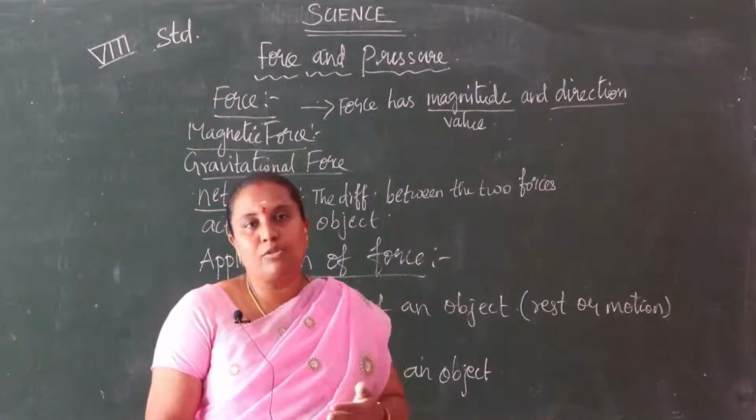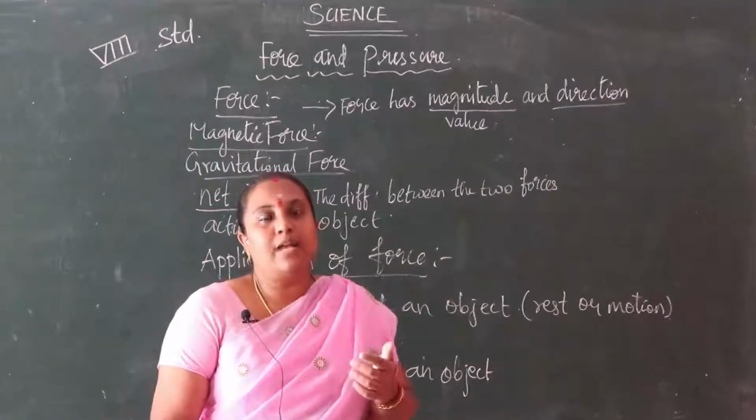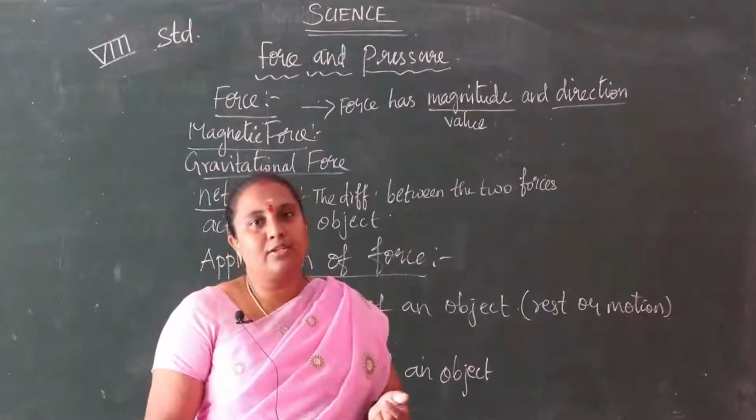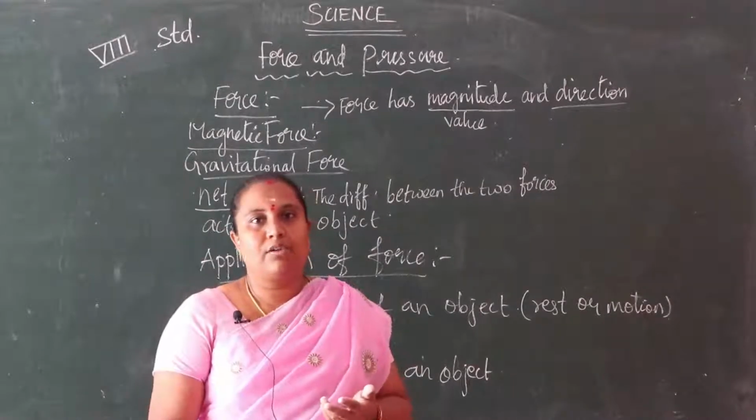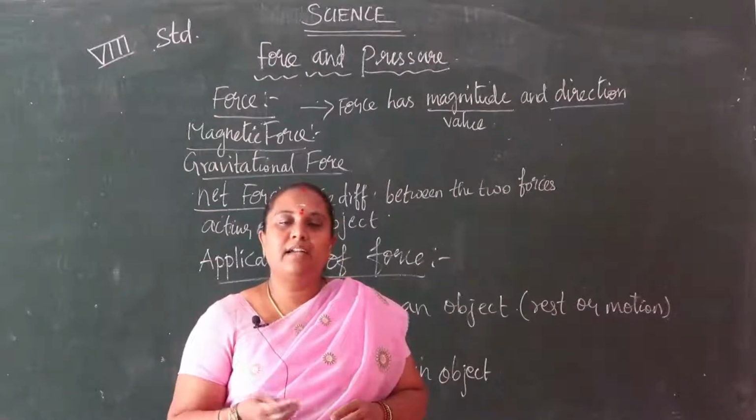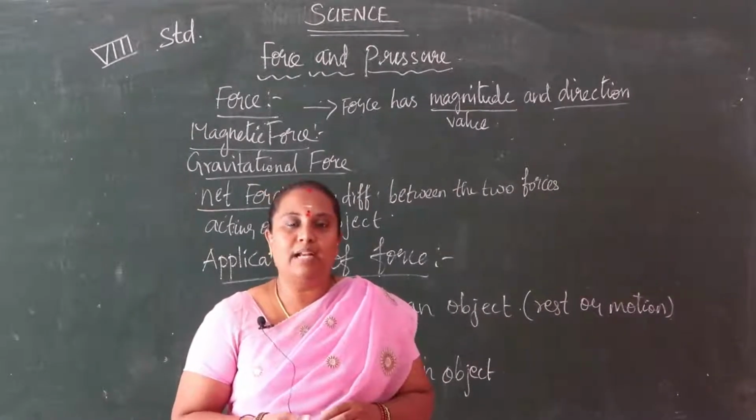Inertia is the tendency of an object to resist changes in its velocity. When we give any force to the object, it changes its velocity. Velocity changes means its acceleration also changes, automatically. When the object is at rest, it has zero velocity.